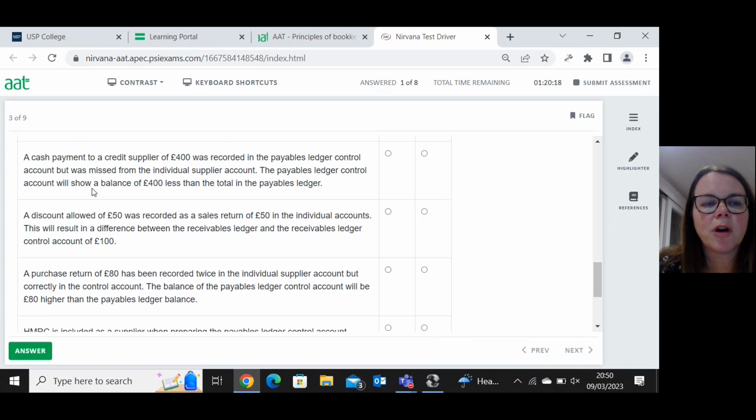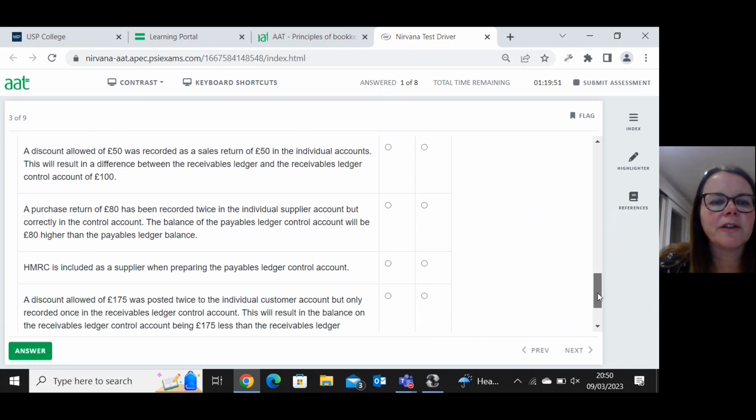The payables ledger control account will show a balance of 400 less. Yes, it will, because this cash payment will have reduced the balance in the PLCA, but it wasn't in the individual supplier's account, so the PLCA figure will be smaller by £400. So true for that one.